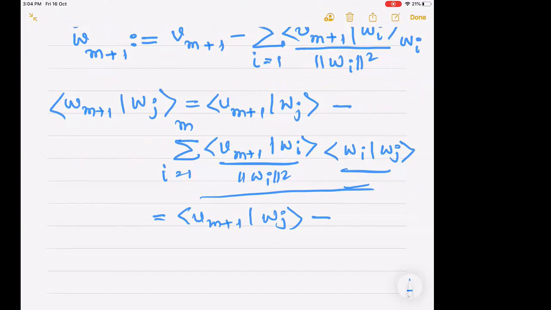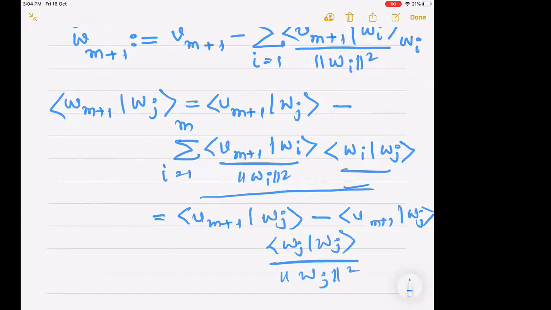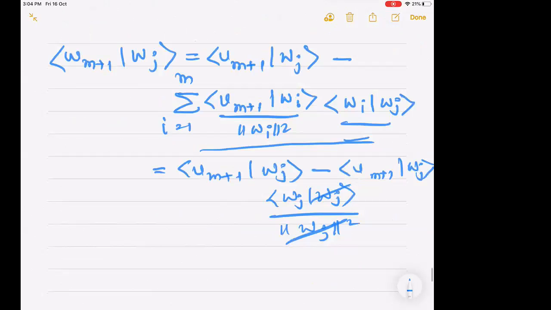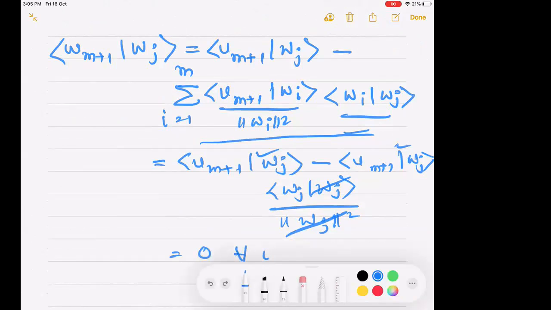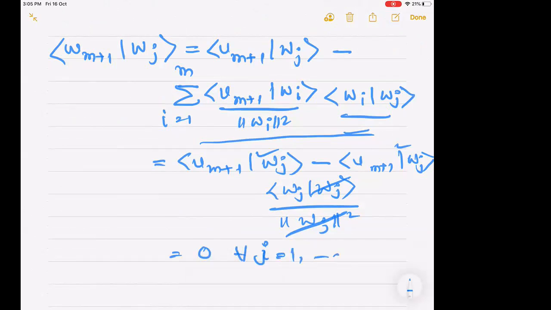So this will be the dot product of Vm plus 1 with Wj divided by Wj norm squared. This is the same as this, so they will cancel out. Notice that this and this are the same. This is equal to 0, and this is true for all j equals 1 to m.